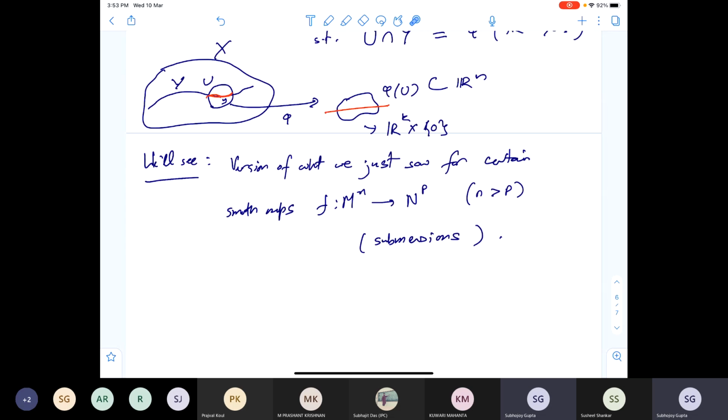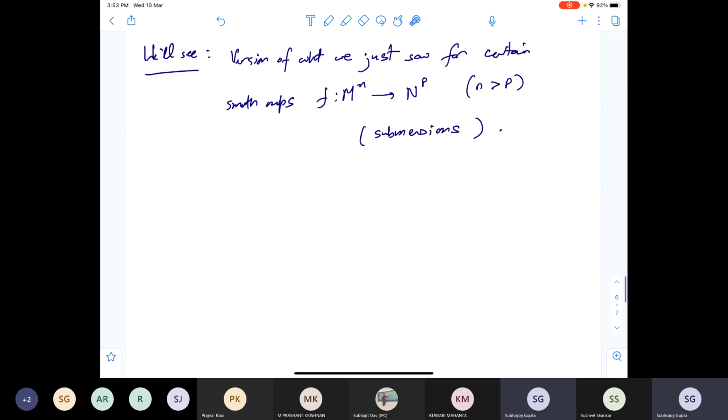That's the Whitney embedding theorem. But right now they are abstractly defined, intrinsically defined objects.